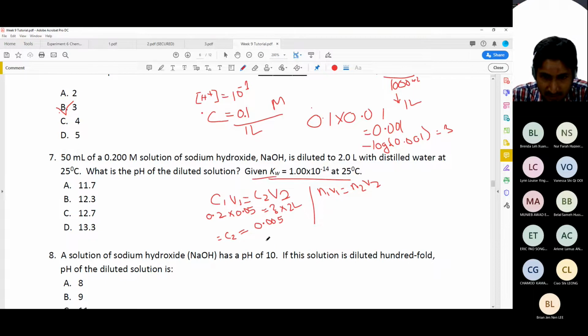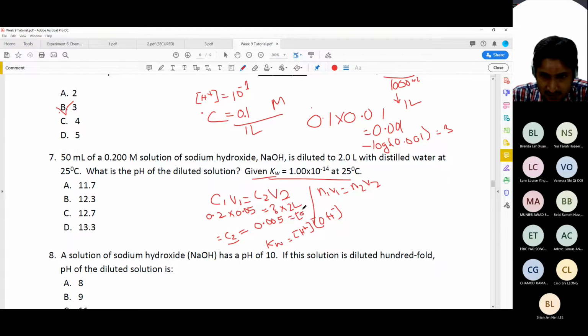Since Kw is given here, we can find Kw as hydrogen ion concentration times hydroxyl ion concentration. We have seen this before. The Kw value is given and C2 we have already found, which is the hydroxyl ion concentration.